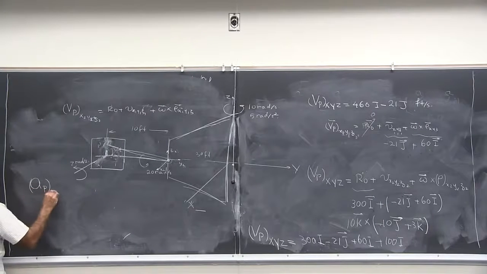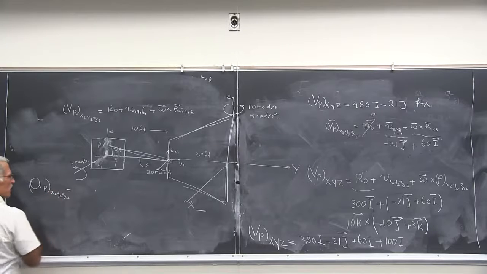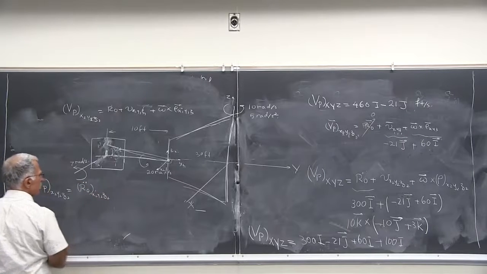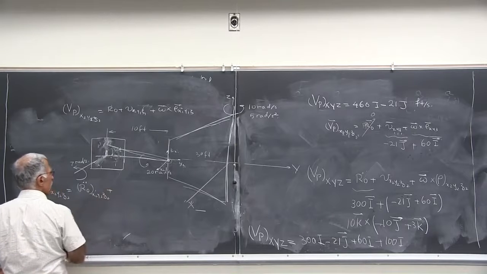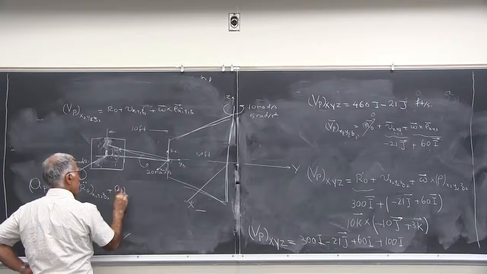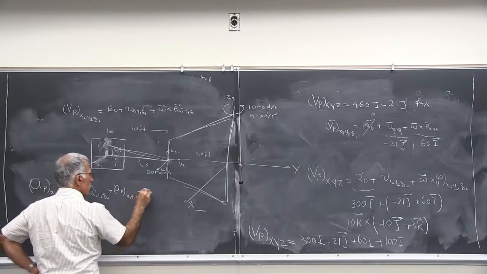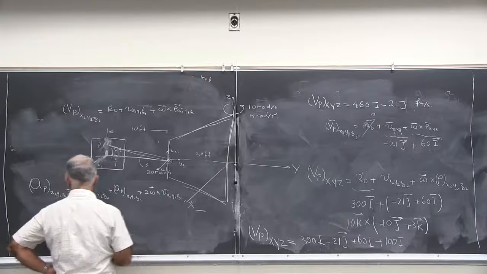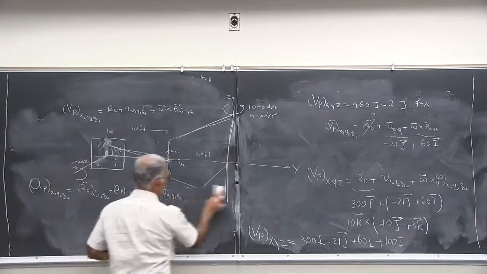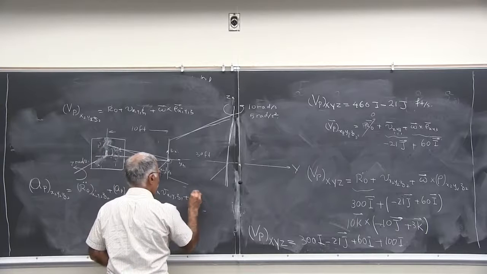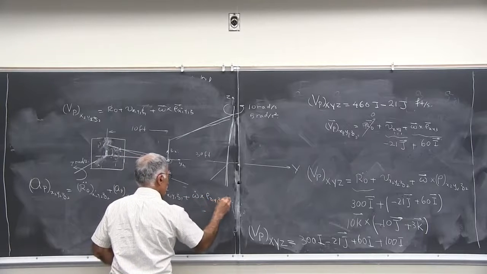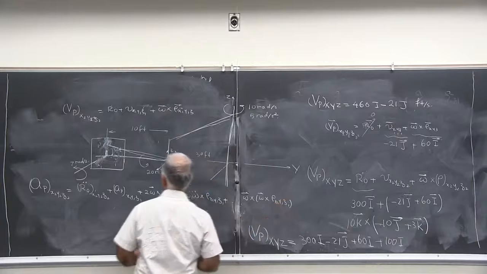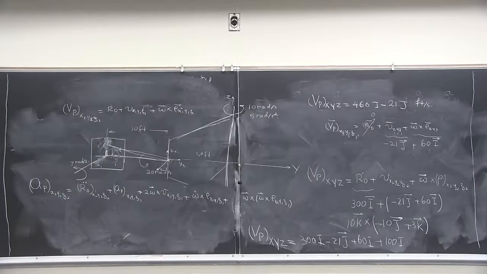Acceleration of point P with respect to x2, y2, z2 is equal to r double dot O with respect to x2, y2, z2, plus acceleration of P with respect to x1, y1, z1, plus 2 omega times v x1, y1, z1, plus omega dot times rho x1, y1, z1, plus omega times omega times rho x1, y1, z1. So that's your generic equation.